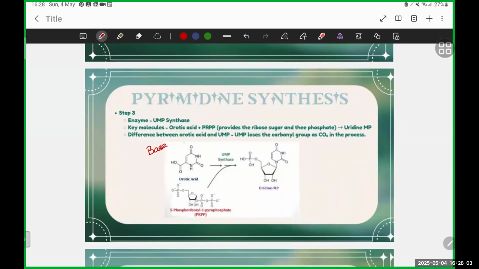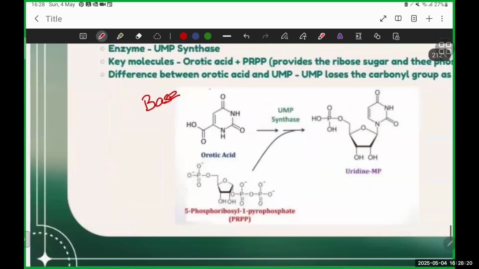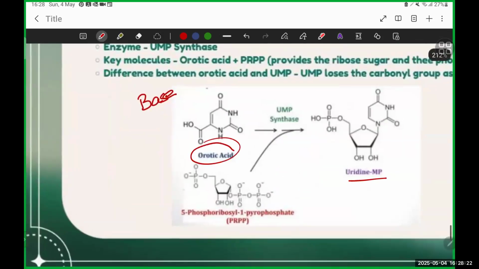PRPP is gonna combine with my base, and we're gonna form a nucleotide. Just like in purines, it has nothing to do with the names: hypoxanthine and then PRPP, and then you get inosine. You have orotic acid, you have PRPP, you form uridine. They're completely unrelated but related at the same time.